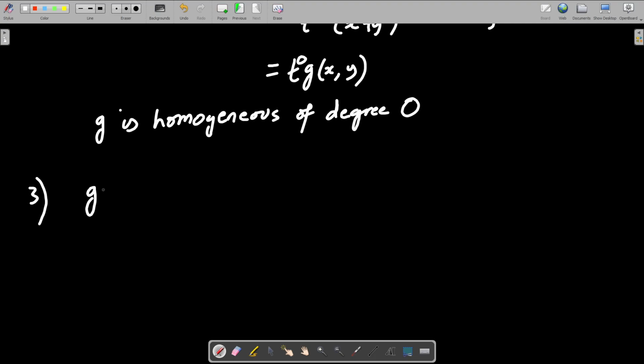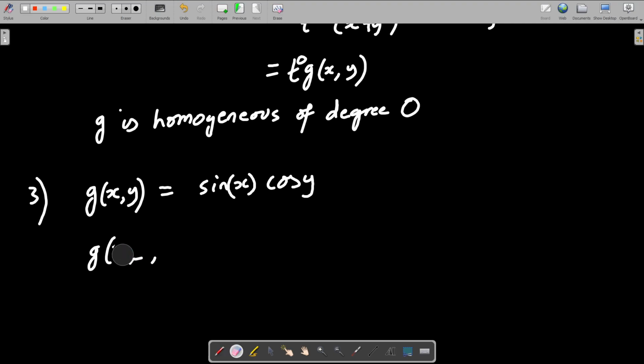Third one, g of x y is sine of x into cos of y. So what will be g of t x, t y? This will become sine of t x cos of t y.